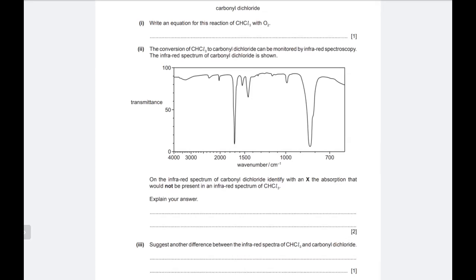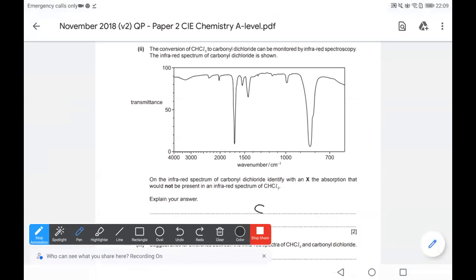On the infrared spectrum of carbonyl dichloride, identify with an X the absorption that would not be present in an infrared spectrum of CHCl3. The 1700 per centimeter peak is for the C double bond O, the carbonyl bond.